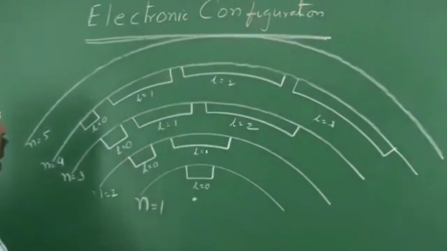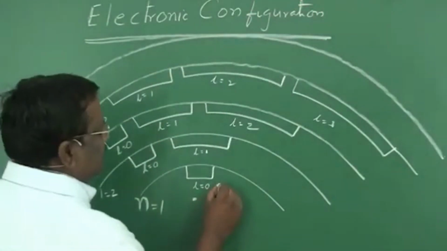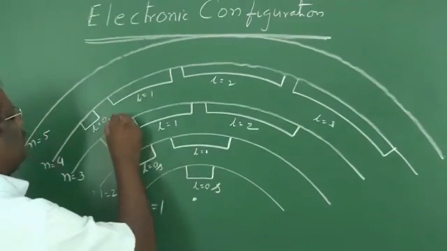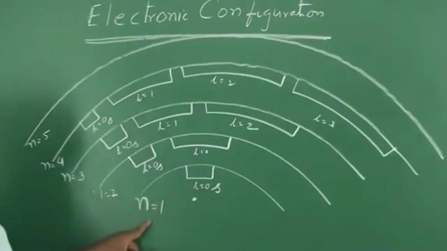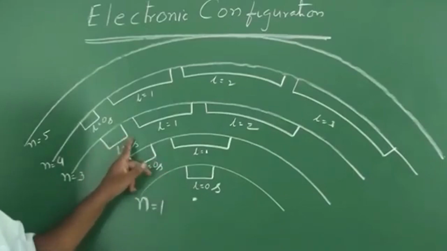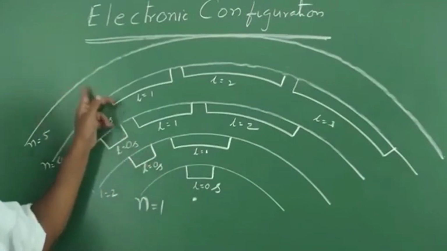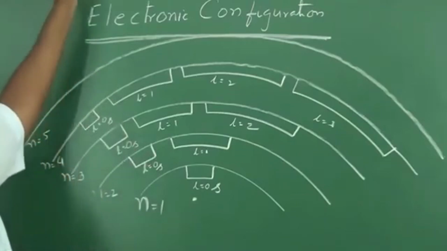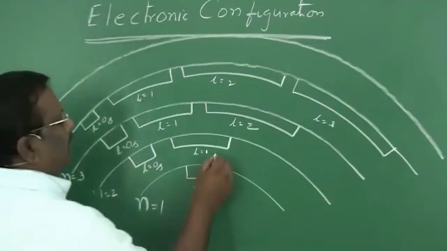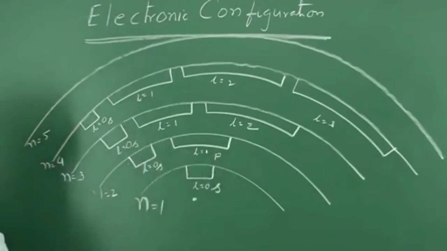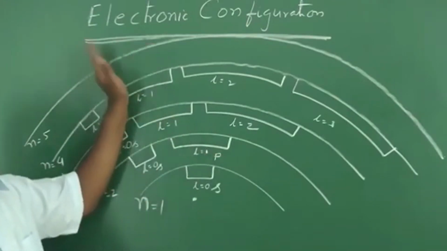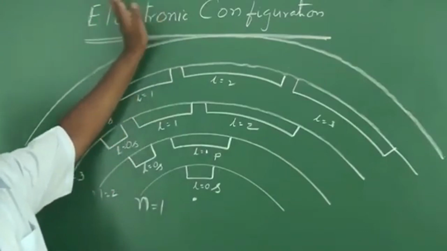When l is equal to 0, it is called the s sub-energy level. With its n value, we call it 1s, 2s, 3s, 4s, 5s, 6s, 7s, and so on. If l is equal to 1, it is called the p sub-energy level: 2p, 3p, 4p, 5p, 6p, 7p, and so on.